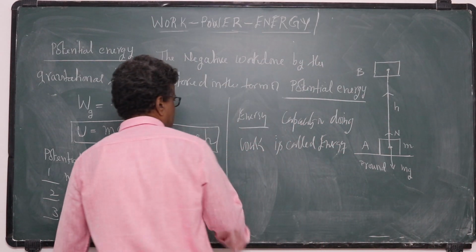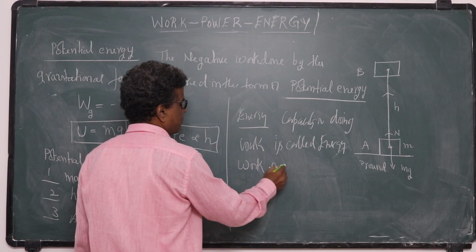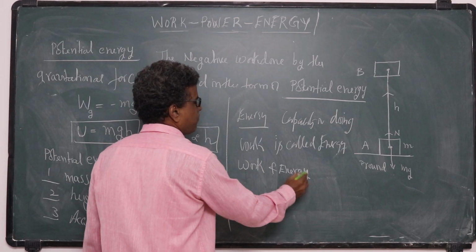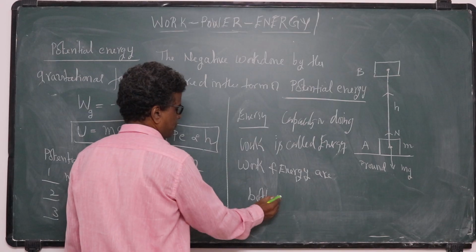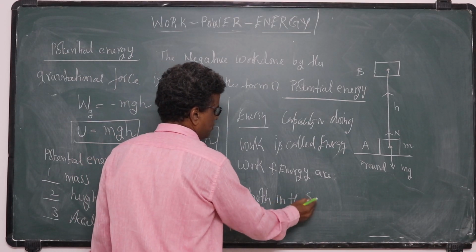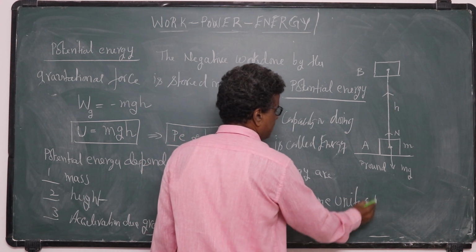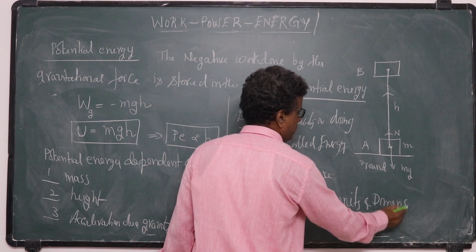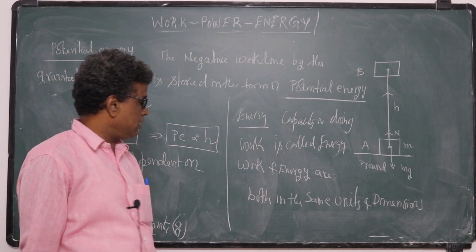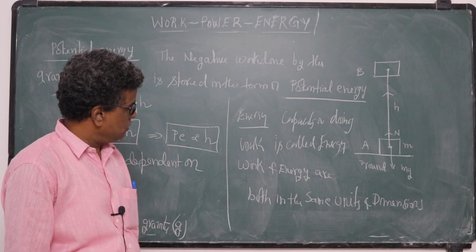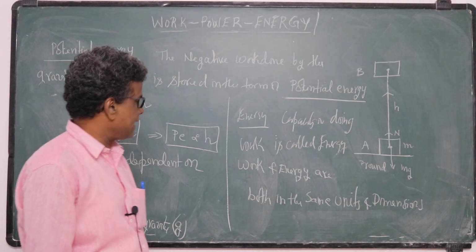Work and energy are both in the same units and dimensions. So this energy is also measured in joules. The SI unit is joule and the CGS unit is erg.